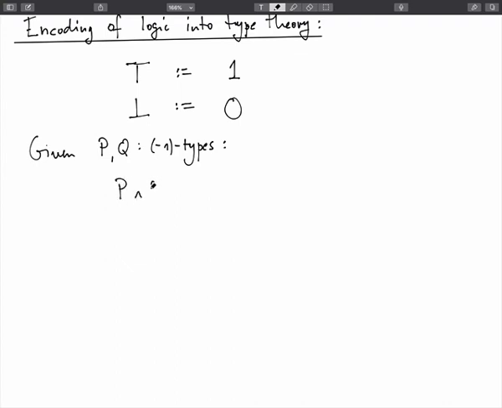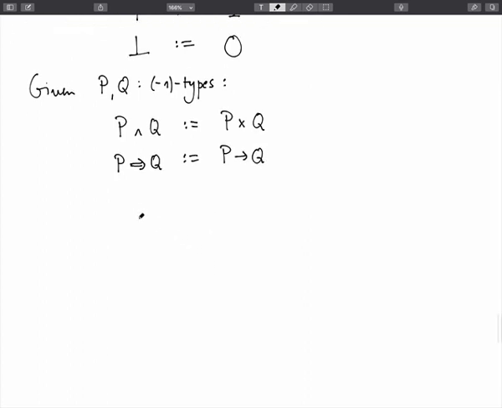So P and Q is just going to be P Cartesian Q. If you think about it, you want this to be inhabited if both are inhabited. So you take the Cartesian product. Yes? Okay, so then what is implication? I want to have a map from P to Q in case Q is as inhabited as P is the way to say it. And so that's just the function space.